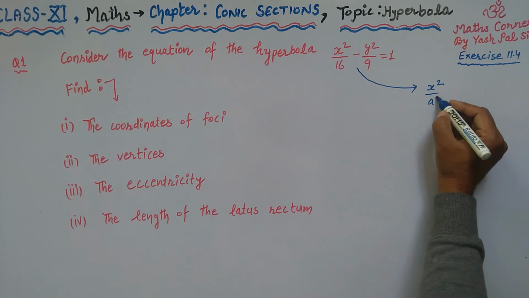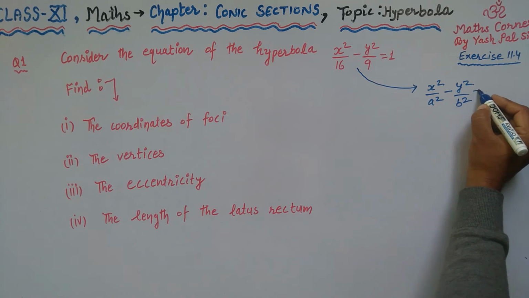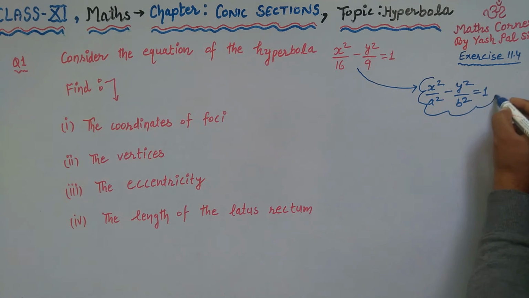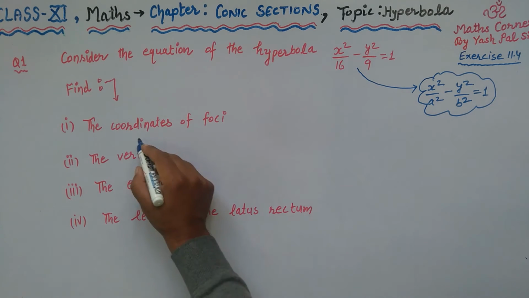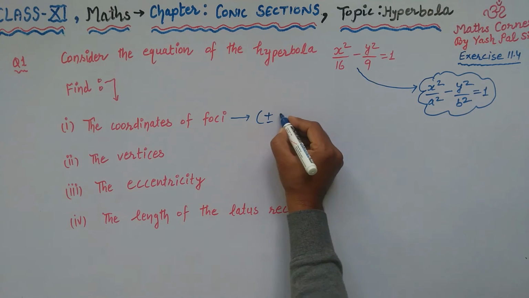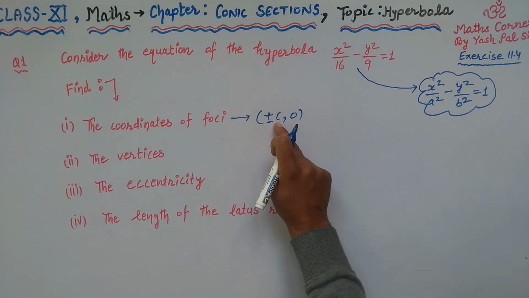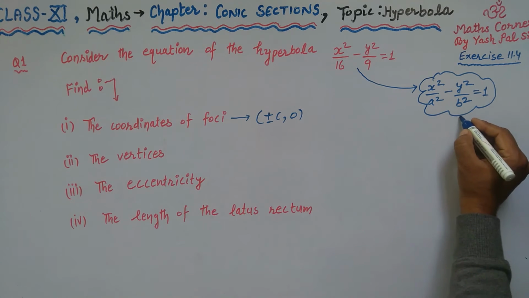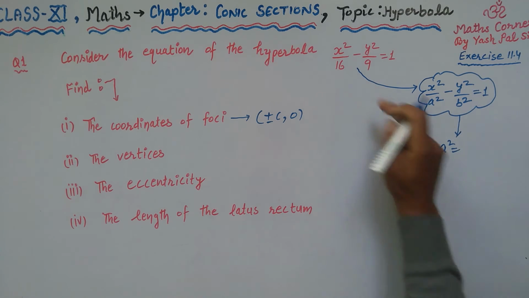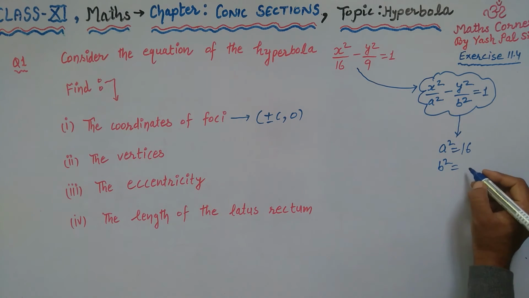x square upon a square minus y square upon b square is equal to 1. So if this is the equation of the hyperbola, then what are the coordinates of the foci? Of course they are plus minus c comma 0. But before knowing this, what is c? Here we have a square in this question is 16 and b square in this question is 9.